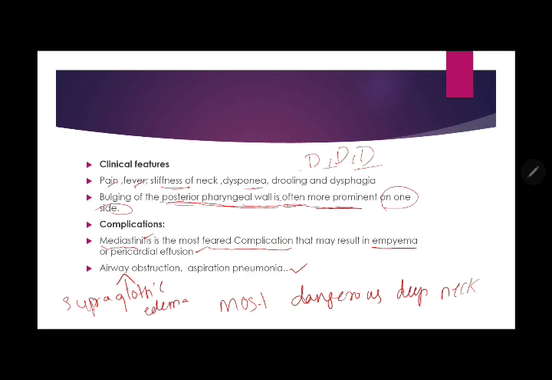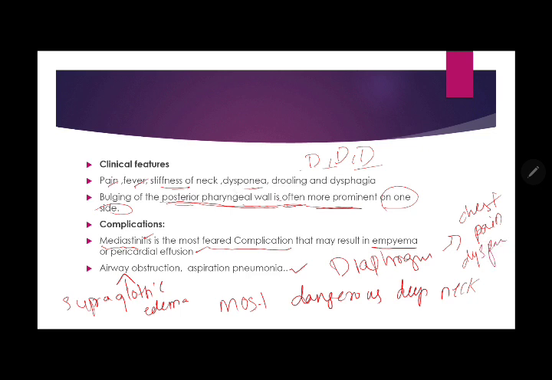This happens if the infection perforates and extends down to the entire mediastinum to the level of the diaphragm. Mediastinitis is the most feared complication, and if the infection is spreading downwards, extending to the entire mediastinum to the level of the diaphragm, this condition is characterized by chest pain and dyspnea.